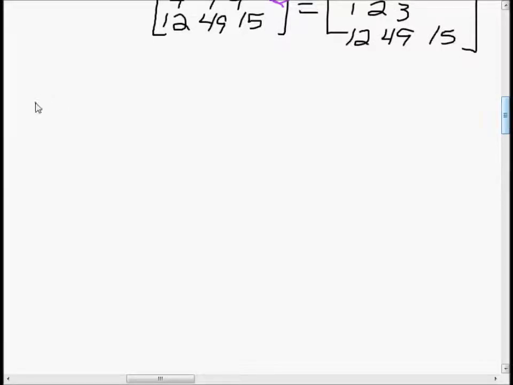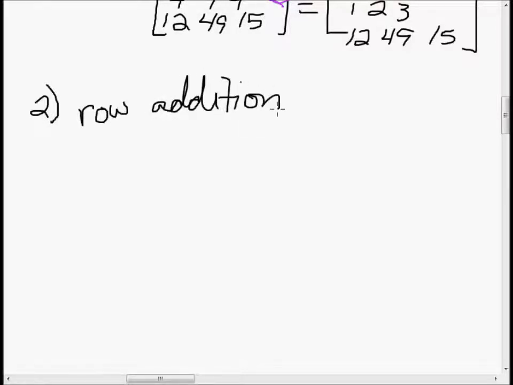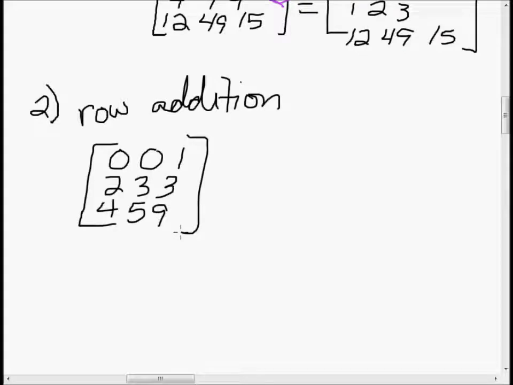The next thing you can do is called row addition, and this is really easy, and this is the one I tend to use the most. So if I have, I'm going to make this one easy, 0, 0, 1, and then I have 2, 3, 3, and 4, 5, 9. I'm just making stuff up. I could add this row onto that row, and I tend to write that out in my notes with an arrow showing where I'm going to and what I'm doing.